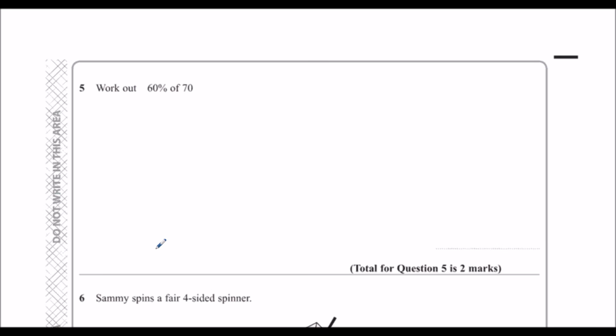Question 5. Work out 60% of 70. So if I wanted to work out 10% of 70, I divide by 10. So 70 divided by 10 is 7. So 10% equals 7. And if I want to work out 50% of 70, 50% means half, so half of 70 is 35.